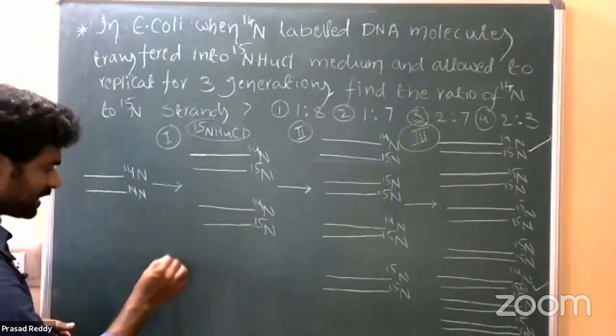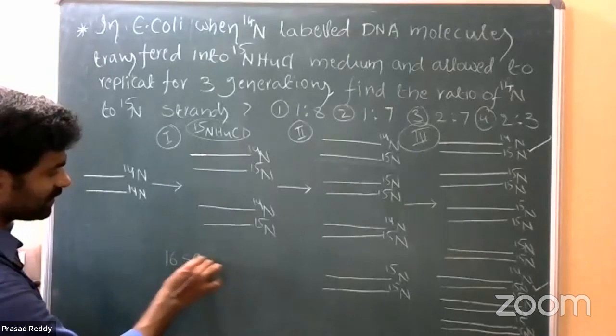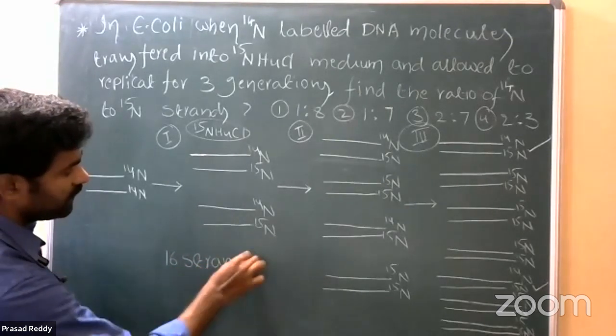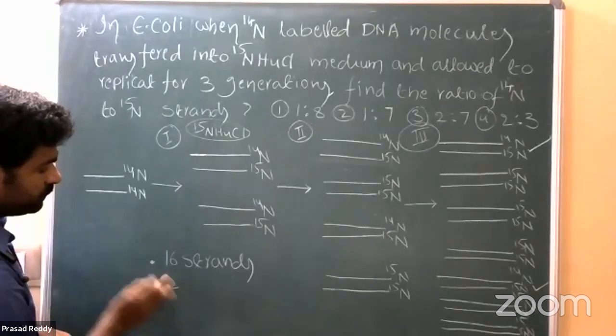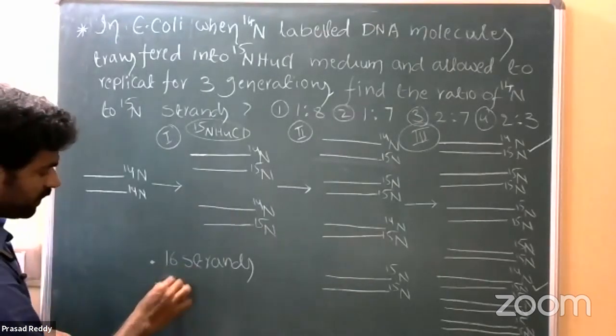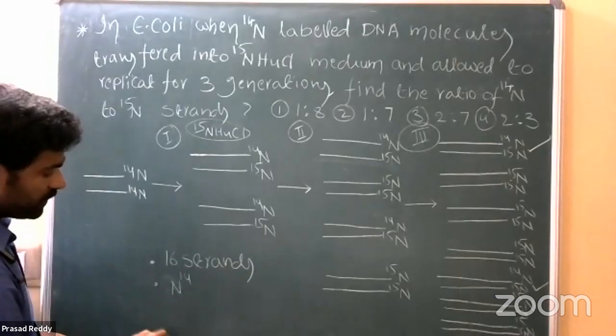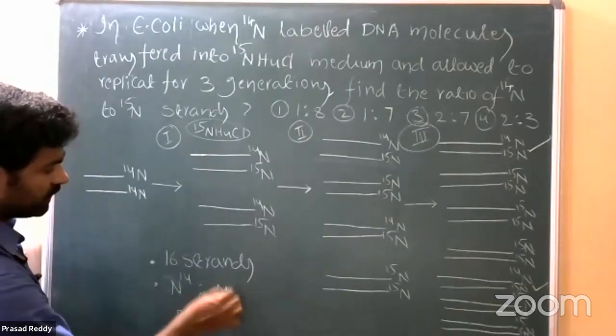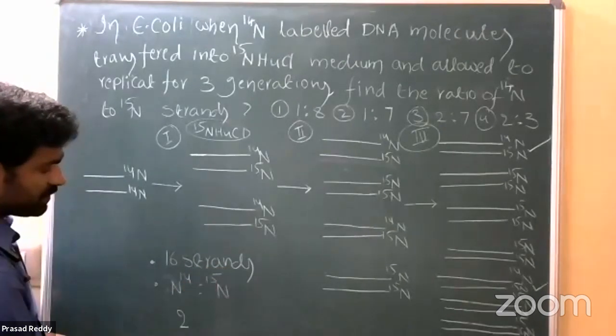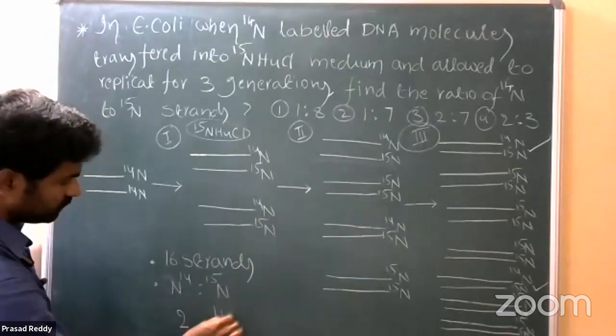In those 16 total strands, only 2 strands are light N14. So N14 strands of 2 is to N15 strands. What about N15 strands? 14.